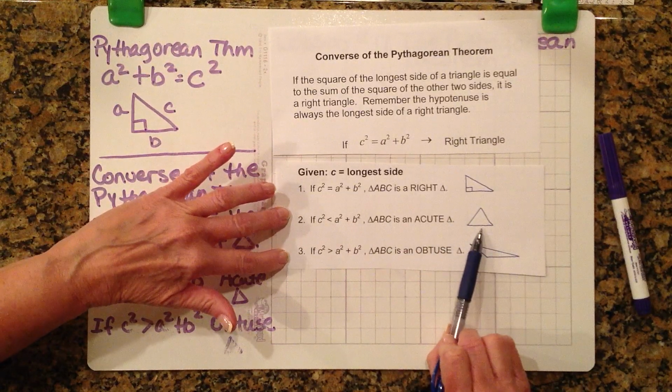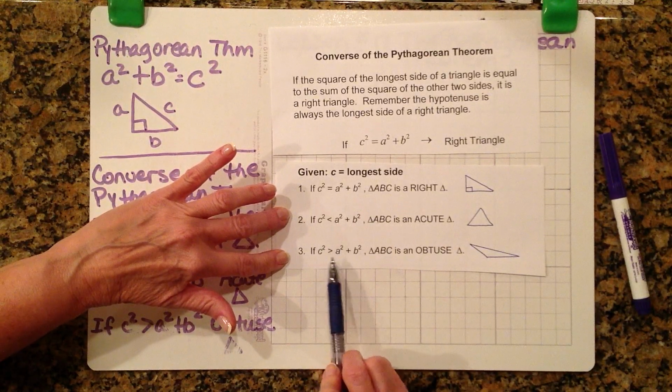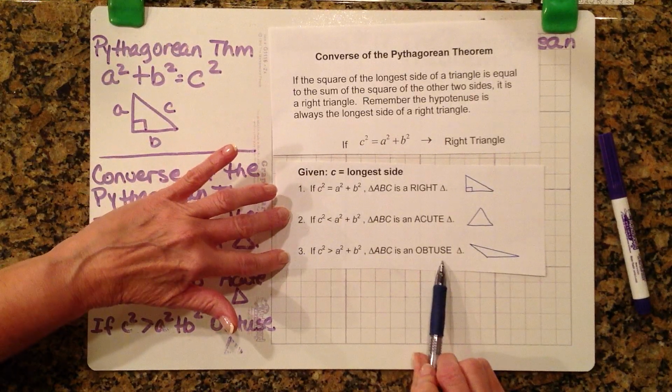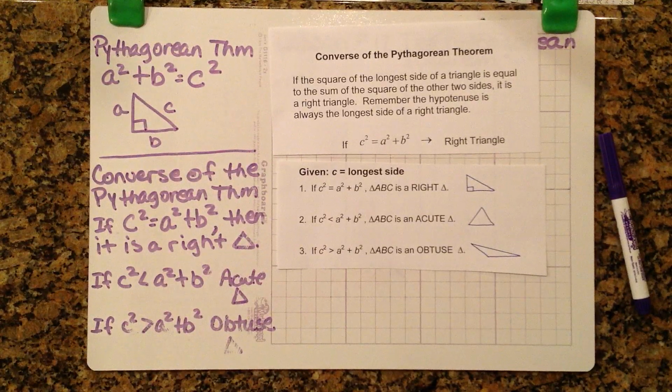All the angles are less than 90 degrees. And if the c squared value is greater than a squared plus b squared, we know we're dealing with an obtuse triangle. And here's a diagram. An obtuse triangle is between 90 and 180.